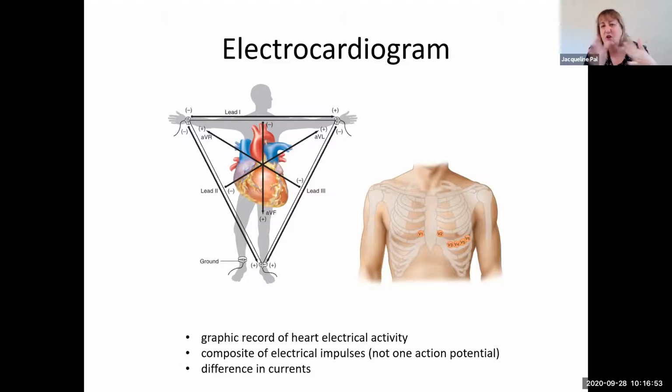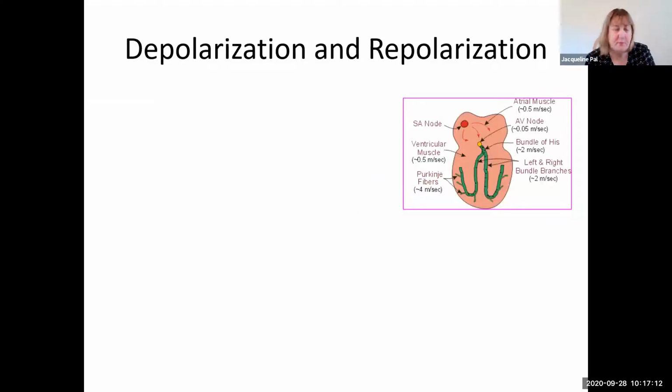The difference in currents, whether it's going towards it or away from it, gives us the impulses either going upward on an EKG, a positive deflection, or below the baseline, a negative deflection if they are going in the opposite direction.